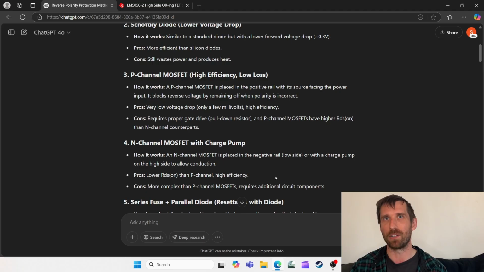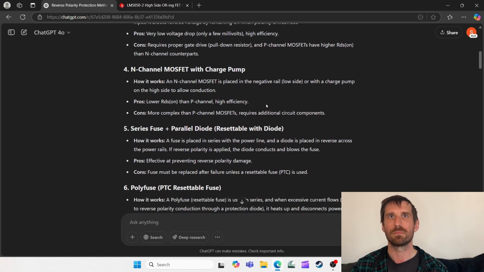I always have to have a diagram. Or source. Still source. Yeah, source. So even I get it wrong sometimes. But anyway, yeah, charge pump, it'll work, but then you've got to find a charge pump. I don't do this because P-channel's that good.